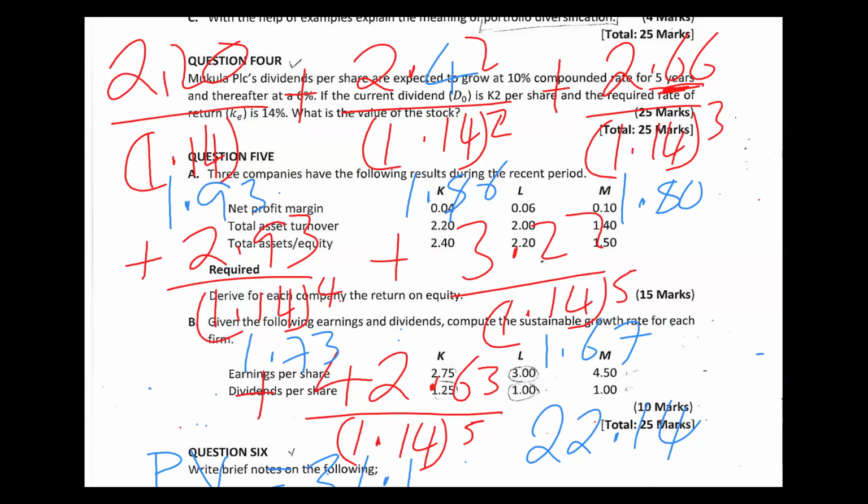This is money, rounded to only 2 decimal places. 31 point what?